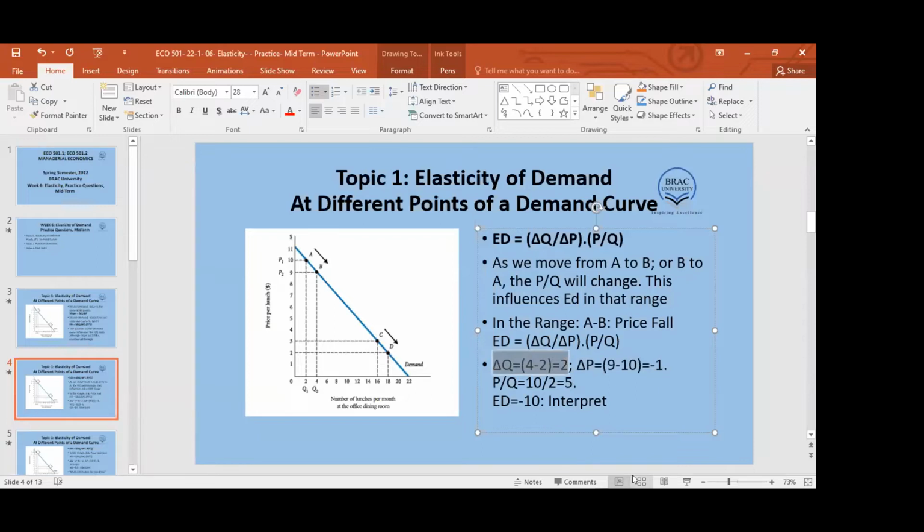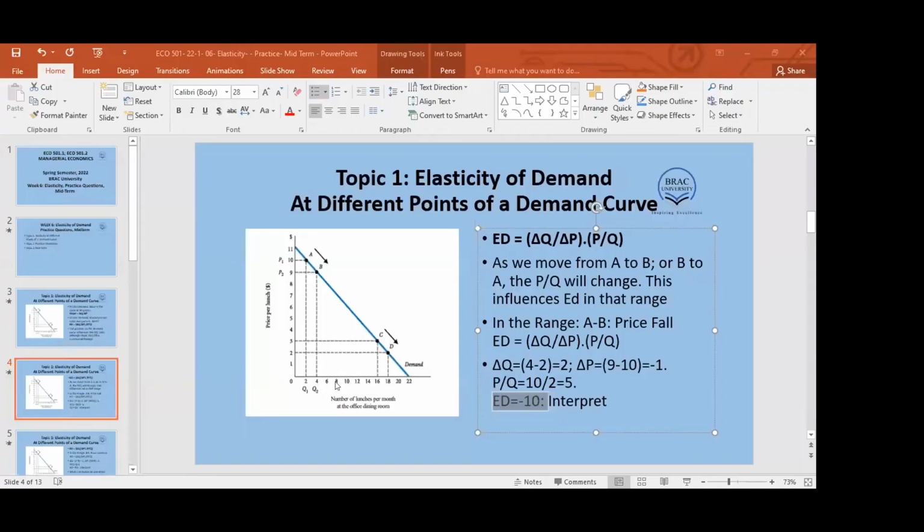Good. And what is the P by Q ratio? We started at, sorry, at A. So P is 10, Q is 2. So 10 by 2 is equal to 5. So what is the elasticity of demand? Minus 10. What does that mean? Elasticity of demand minus 10 means if there is a 1% decrease in price, the increase in demand is 10 times.